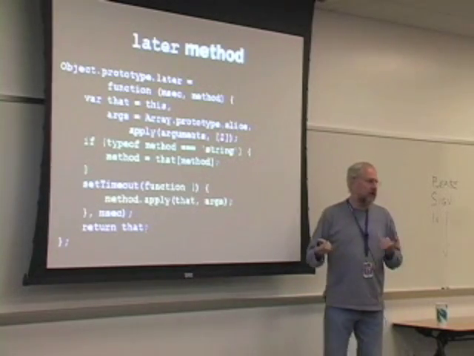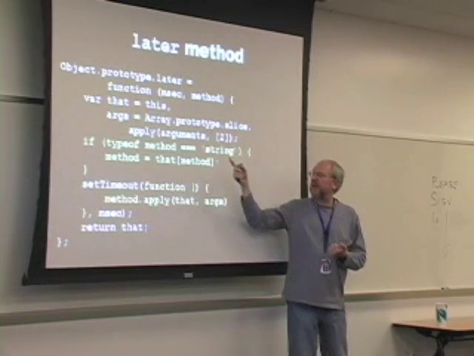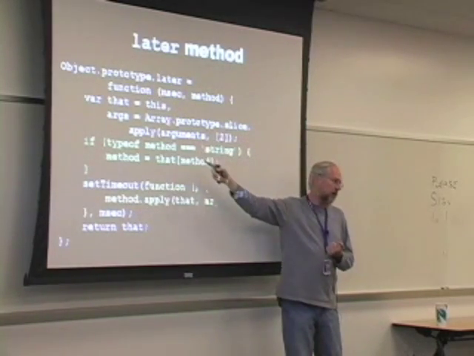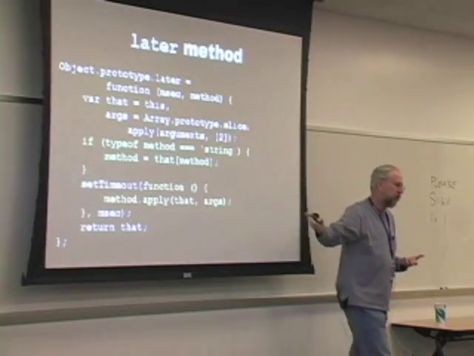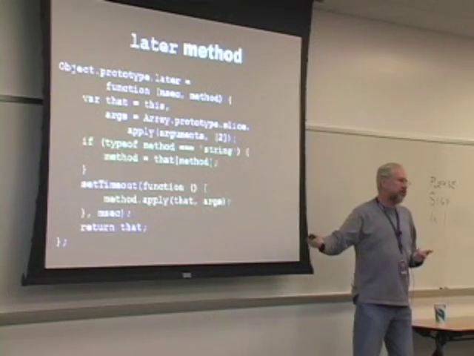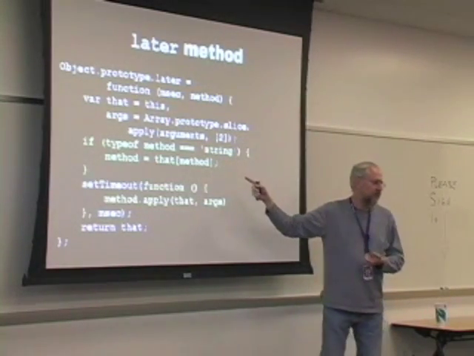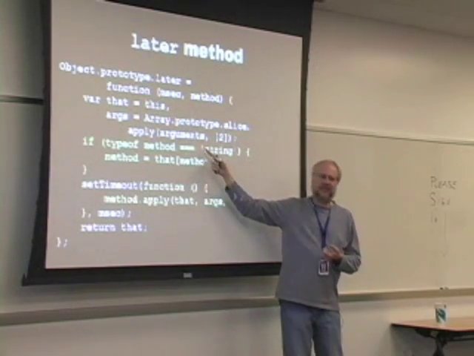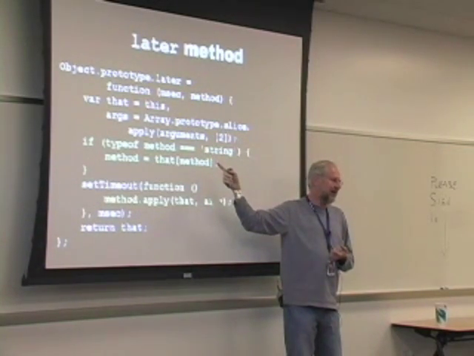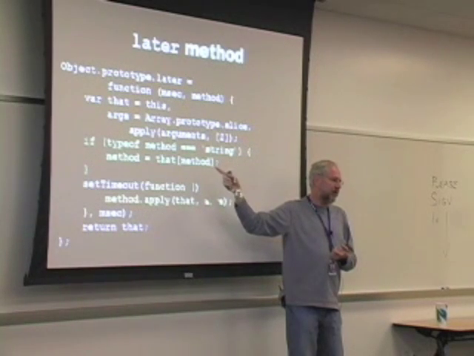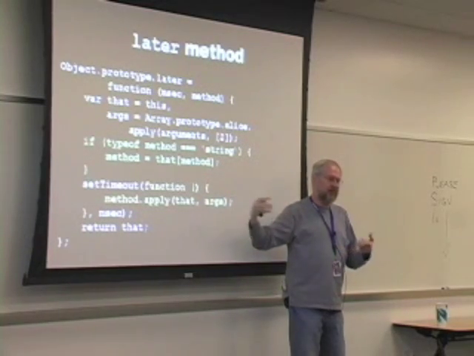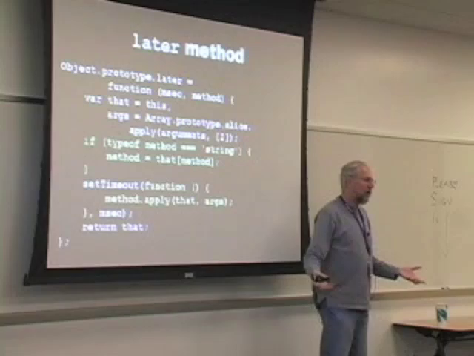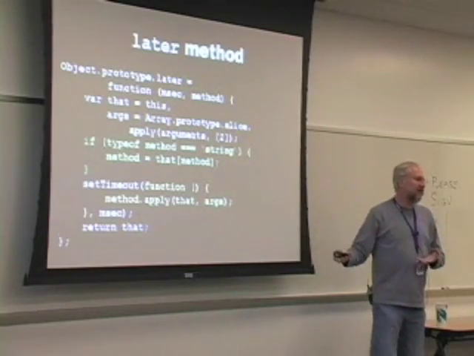Now, in the original JavaScript, the arguments array wasn't an array, it was an object, because they didn't have arrays in JavaScript. And when they added arrays to the language, they forgot to fix that. So arguments continues to be an array-like object. It has a length property, but it doesn't have array nature. In particular, it doesn't have the array methods, which is a shame because I want to treat it like an array.